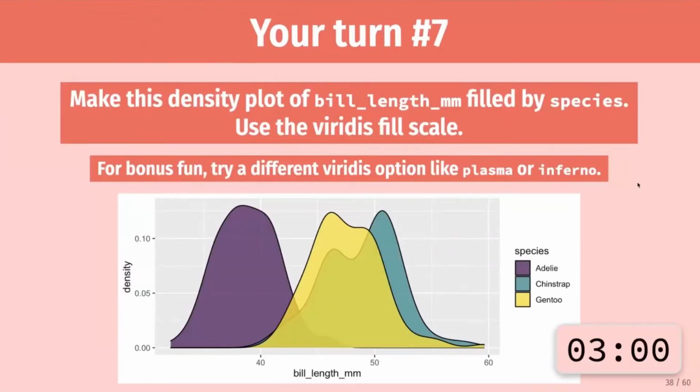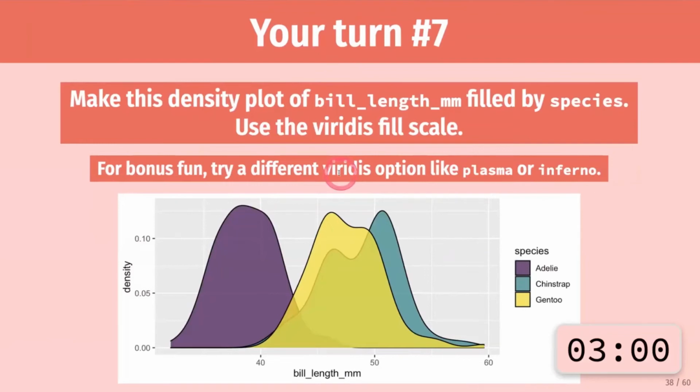So what I want you to do is go to your turn number 7. You're going to make the same density plot. If you want to, just go up and copy the previous one you made and paste it. But I want you to fill it using the Viridis fill scale. And so you're going to use scale underscore fill underscore Viridis and see what you can do.